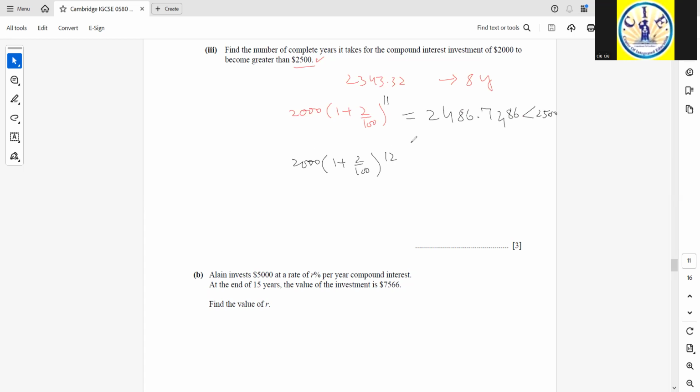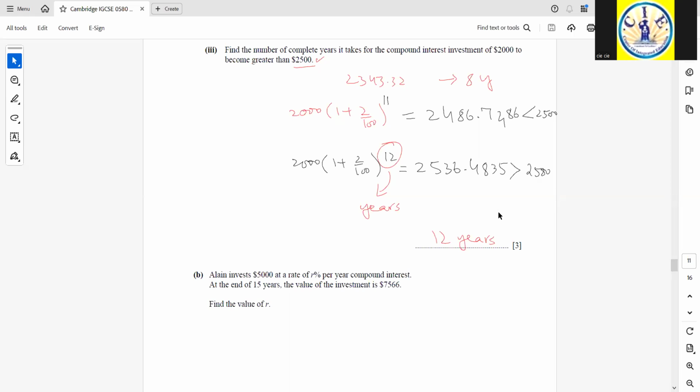This will give us an answer 2536.4835, which is obviously greater than $2,500. So for the number of complete years for the compound interest investment to be greater than 2500, the number of years is 12. So 12 years. That is the answer to part 3.